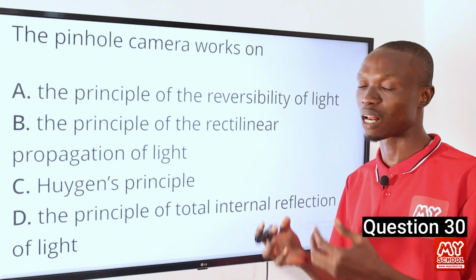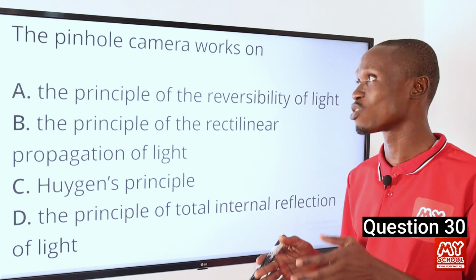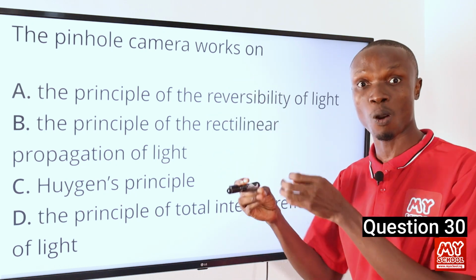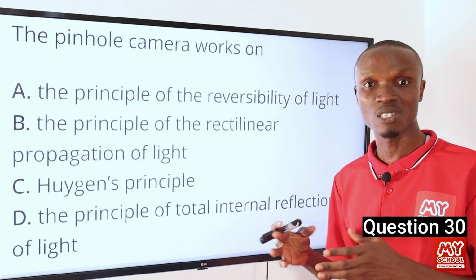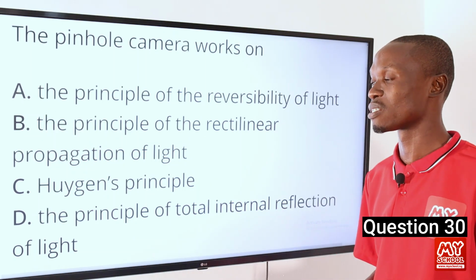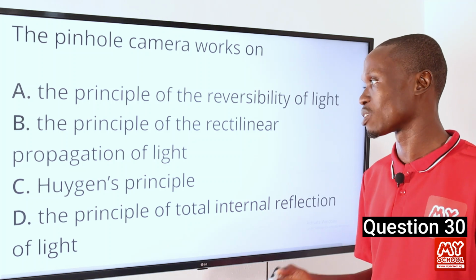When light from an object passes through the pinhole of a pinhole camera, an inverted image of the object is formed on the opposite side of the camera. So that makes option B the correct option, the principle of the rectilinear propagation of light.